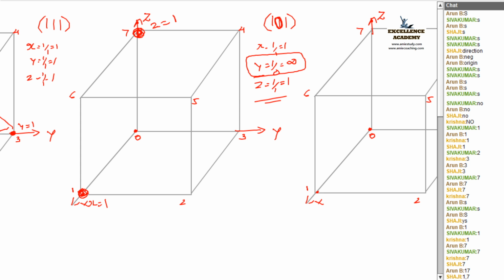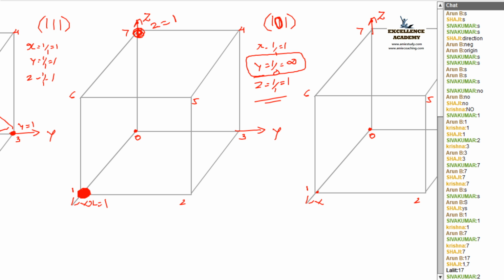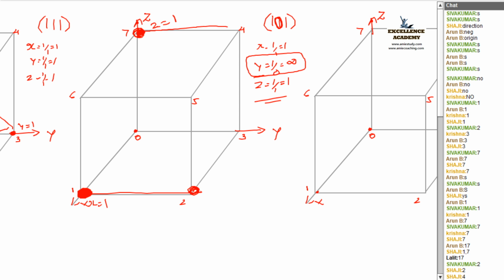So if I draw a line parallel to the y-axis from the point number 1, where shall I reach? Yeah, I have to reach here, isn't it? At 2. From the 7, if I draw a line parallel to the y-axis, where shall I reach? Towards 4. I got the remaining 2 points also.